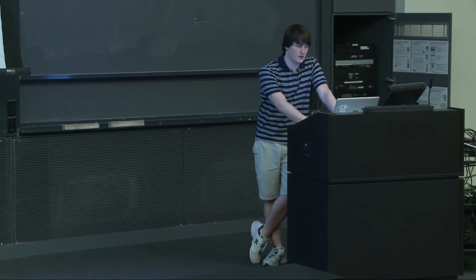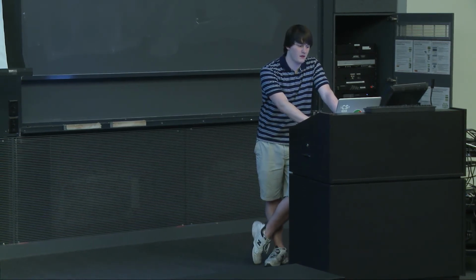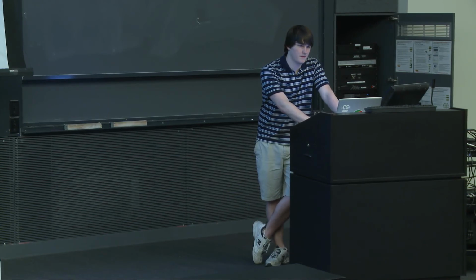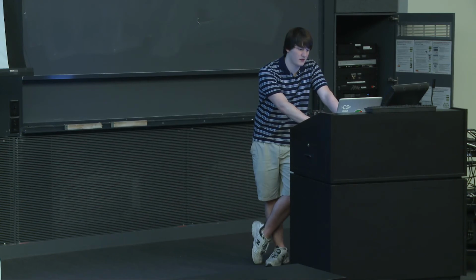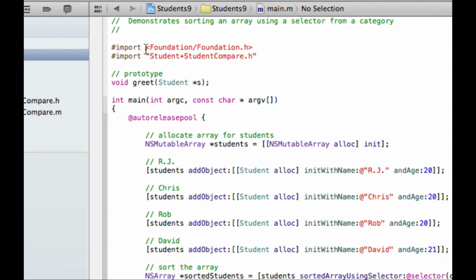Yes? Oh, main, okay. Oh, these angled brackets and quotes. The angled brackets refer to special directories in the file system, in the operating system, that it knows to look in to find these files.